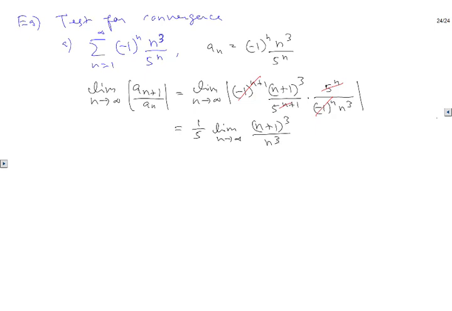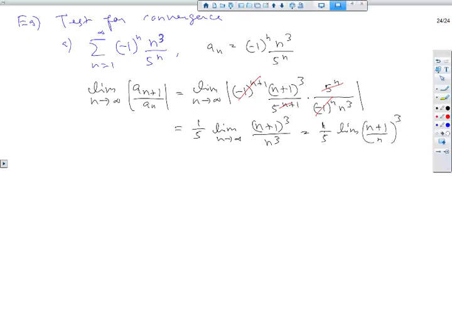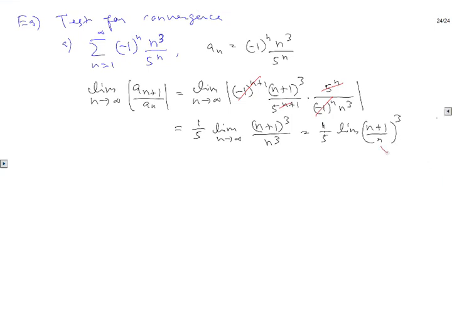Now we can combine them into one. Once you combine them, you get 1/5 times the limit of n plus 1 over n, to the third power. But what do you know about this one? You know that this limit goes to 1 when n goes to infinity.